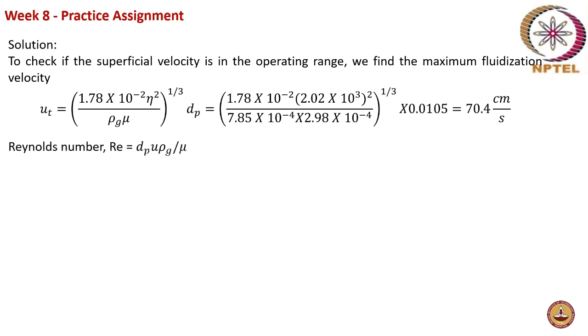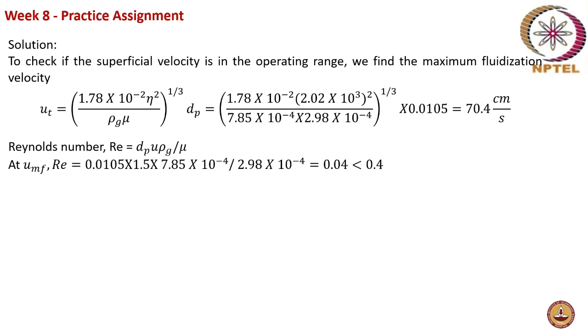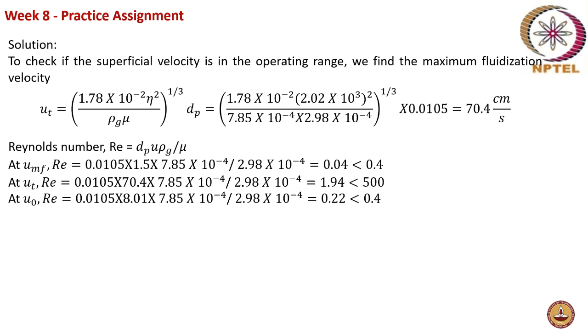Okay. Now we also have to find out the Reynolds number for each case. The formula is Re equal to dp u ρg by μ, where dp is the particle diameter, ρg is the gas density, μ is the gas viscosity, and u is the velocity.